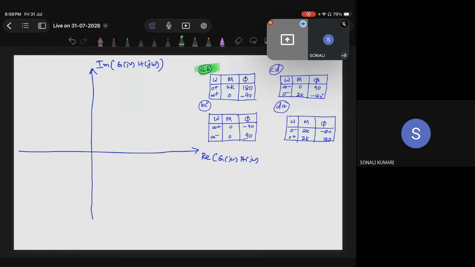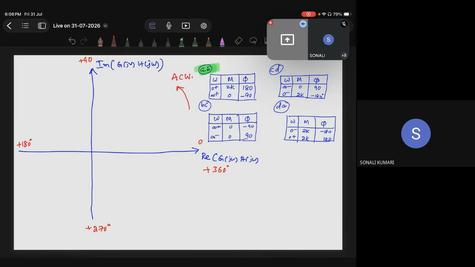Carefully read here. Angles I take in the anti-clockwise direction. That means this is 0, plus 90, plus 180, plus 270, plus 360.